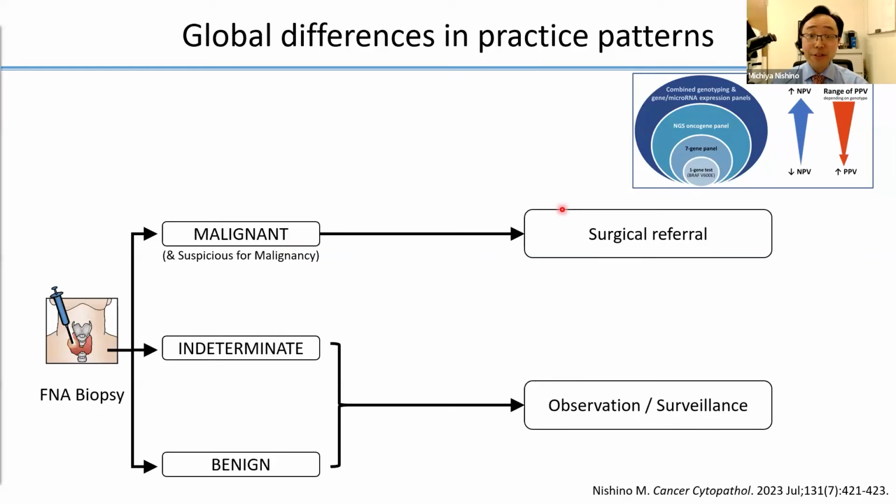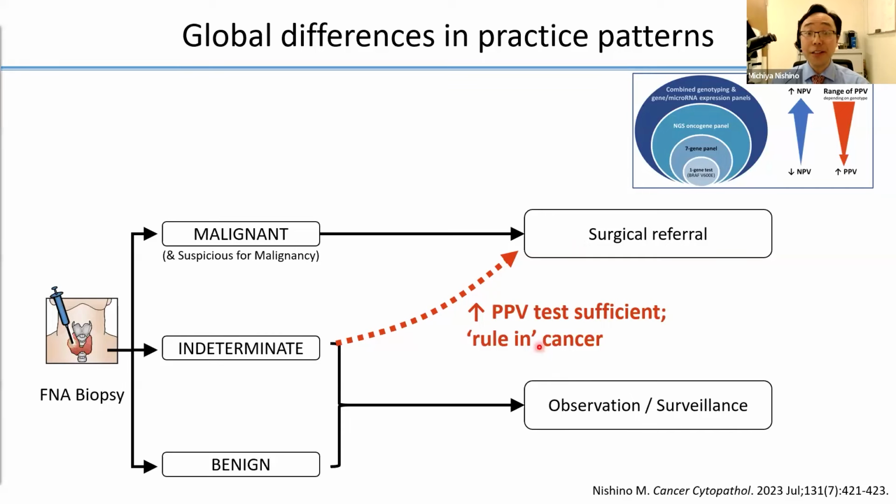So in this type of scenario, a smaller molecular testing panel and perhaps even single gene testing for the BRAF V600E test might be sufficient to help identify which of these indeterminate nodules are most likely to benefit from more urgent therapeutic surgery.